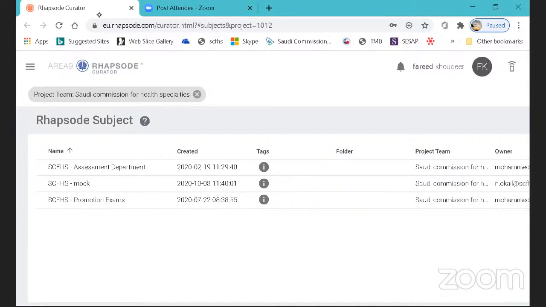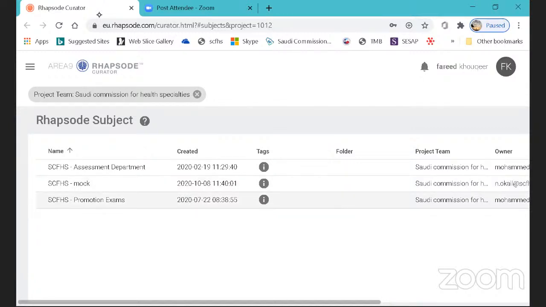Okay, so I go in here and it says assessment department, mock and promotion exams. For me, they have shown me those arrangements. Earlier on, I could see cardiac question 1, 2, and 3. So they put 3 questions for me as an example.